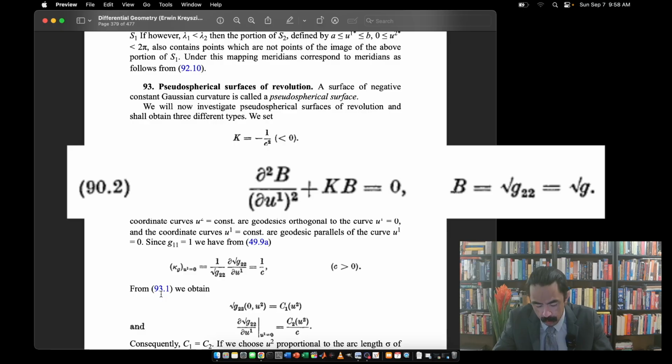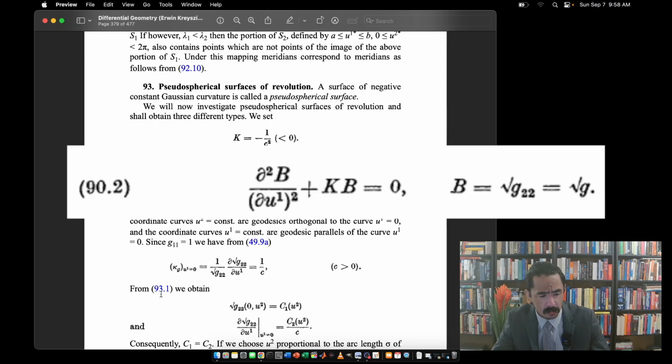Of course capital K denotes Gaussian curvature like I already mentioned, but lowercase g denotes the first fundamental form, so g sub 2 is a component of the first fundamental form.